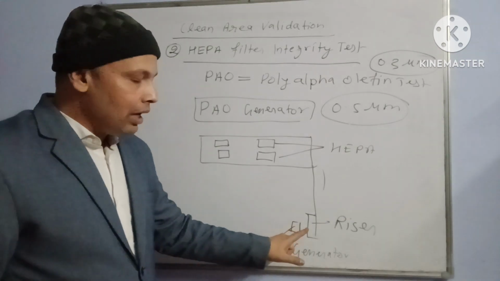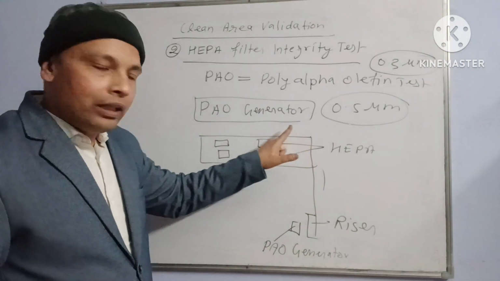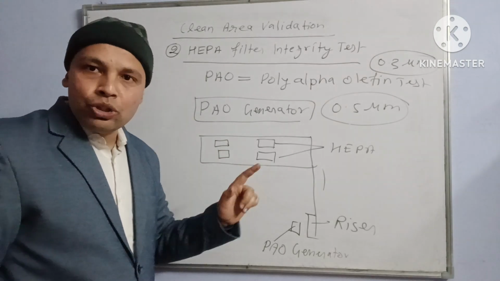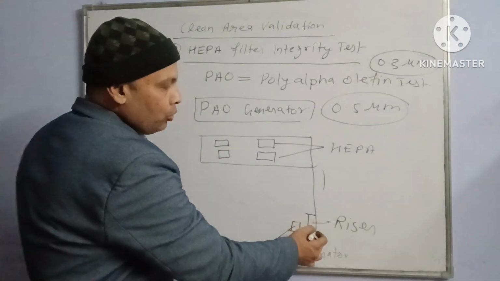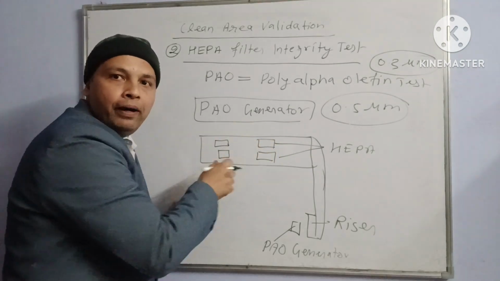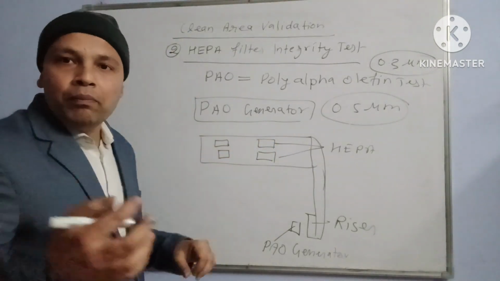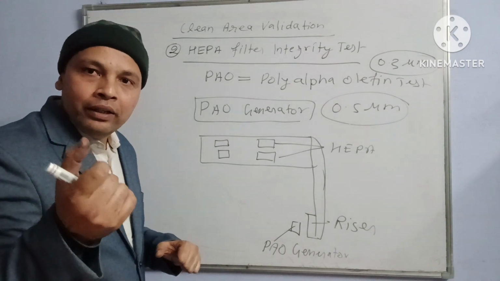Those particles go through the riser in the whole line of AHU, and come through this HEPA. What will HEPA do? HEPA will block those particles.